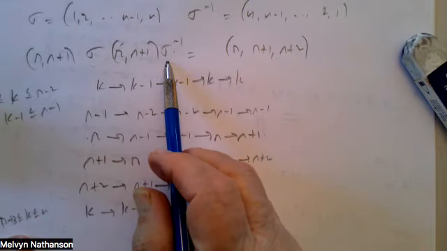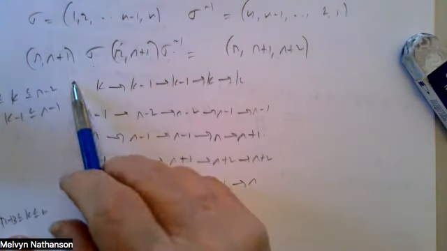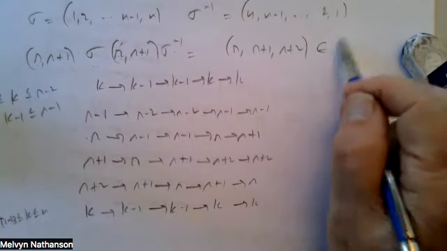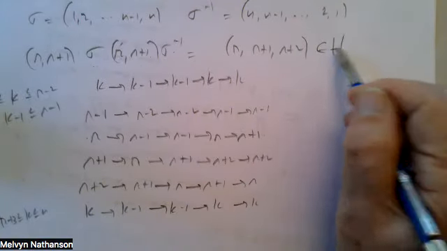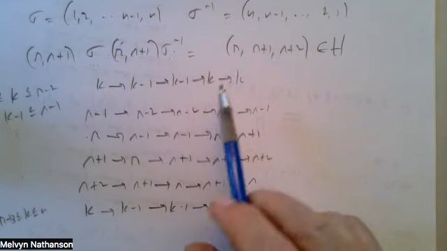So if R plus 3 is less than or equal to k, less than or equal to n, this number k goes to k minus 1, goes to k minus 1, moves up to k, goes to k. So k is fixed. So this is in my subgroup H.